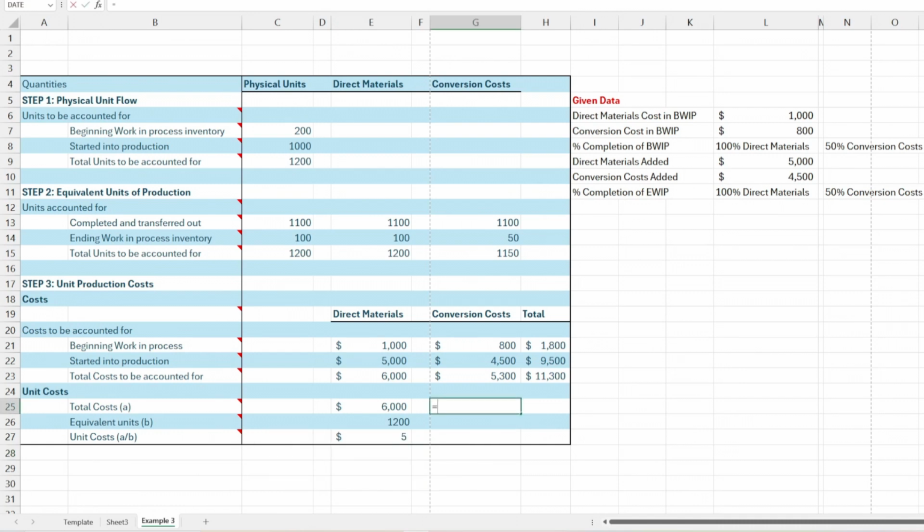And we do the exact same thing but for conversion cost. So our total cost is what we just calculated in step 3, and our equivalent units is what is calculated in step 2. And then this total cost divided by equivalent units. And you could see here, total cost is in dollar signs, equivalent units is not in dollar signs because we are calculating this in units.